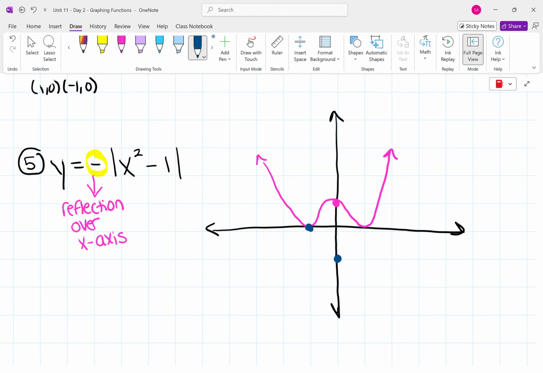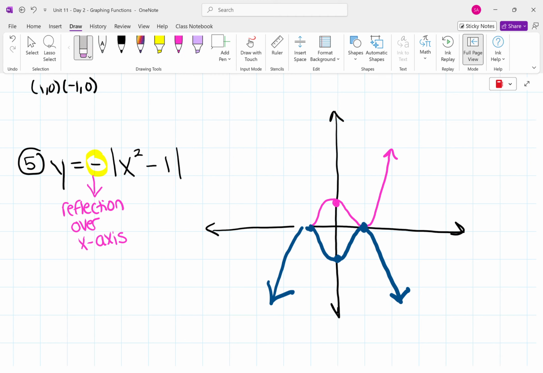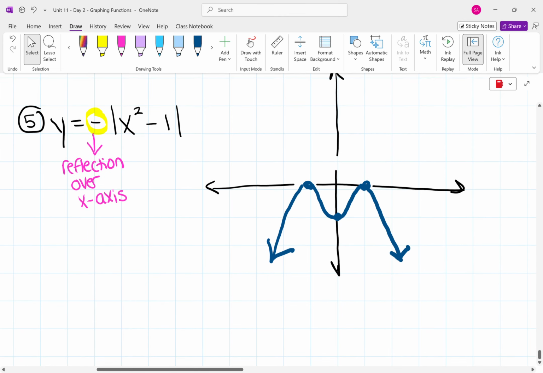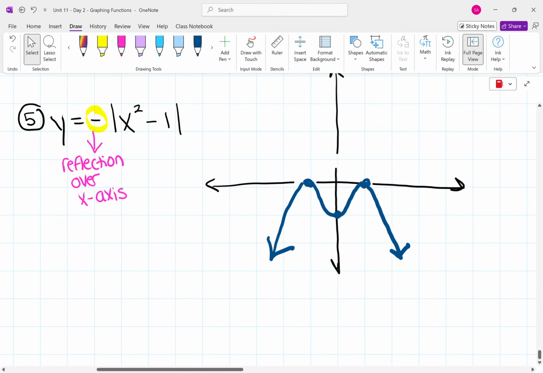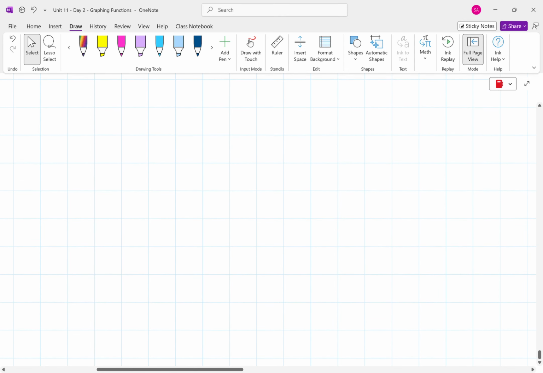It's like creating a mirror image. So instead of a W, we have like an M. And there we go.